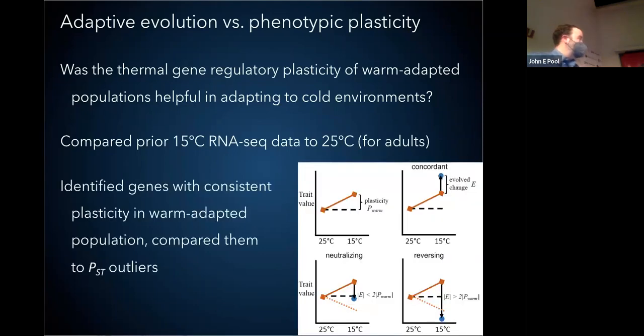And then we were asking, if you think about what we call the naive plasticity of the warm adapted population, so what happens when you just take that warm adapted population and throw it into a cold environment that it's not used to? What happens to expression? Well, that's plasticity. And then we can ask, well, what happened on the evolutionary side in the cold adapted population? Did it accentuate that initial plasticity, or did it actually neutralize or kind of overkill, reverse it?